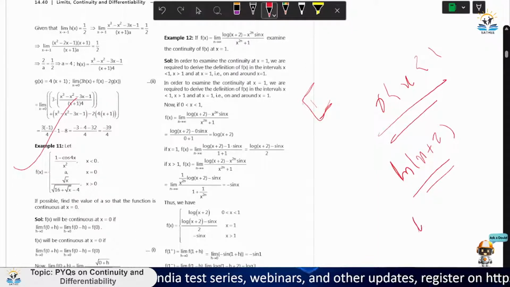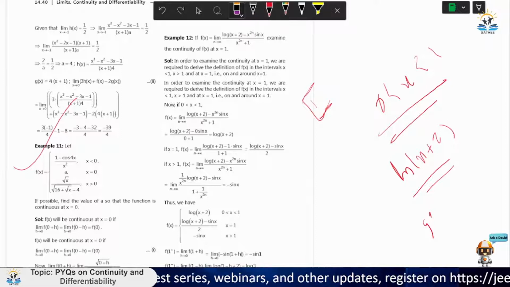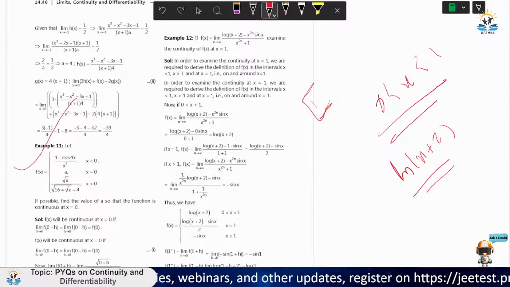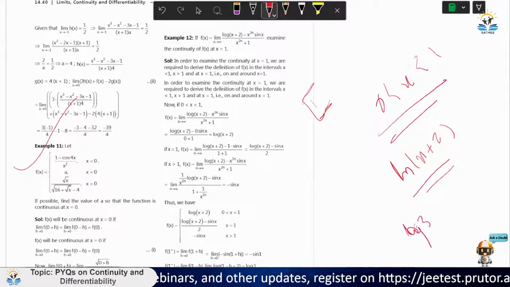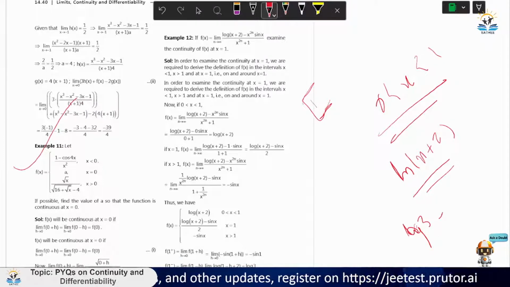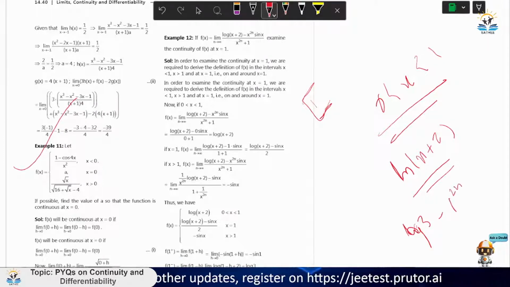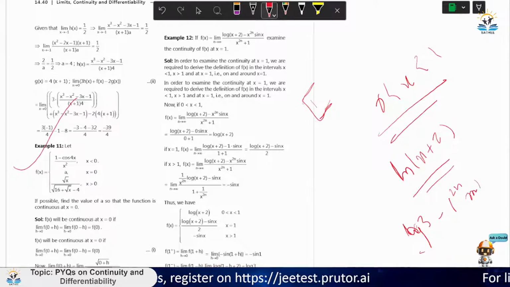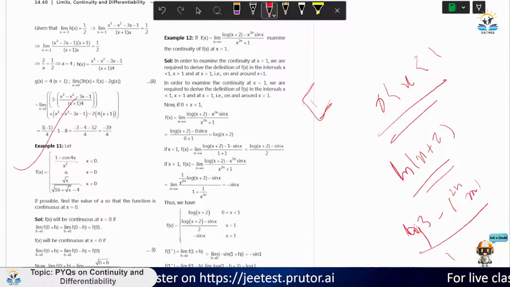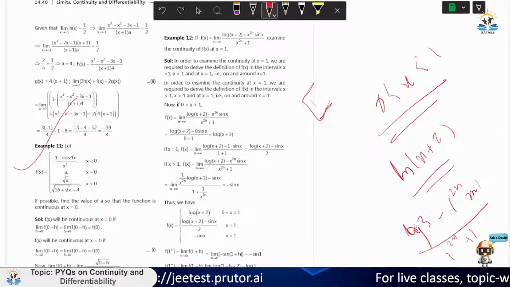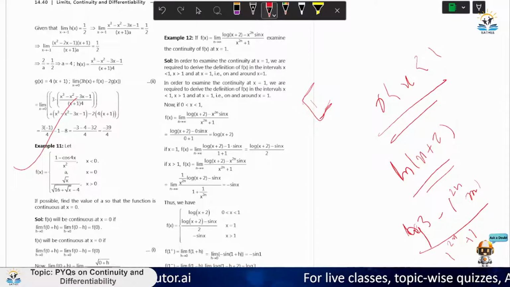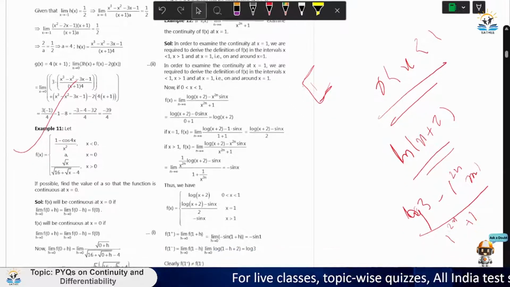If I calculate at x is equal to 1, I get log of 3 minus 1 to the power 2n and sine of 1 upon 1 to the power 2n plus 1. So what does it say? This is 1, this is 1.